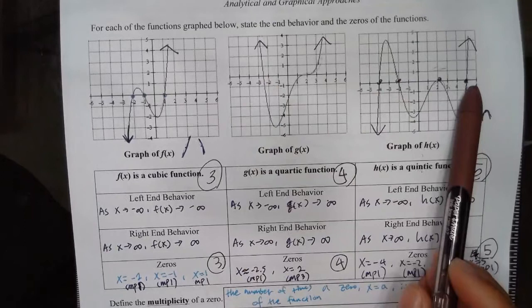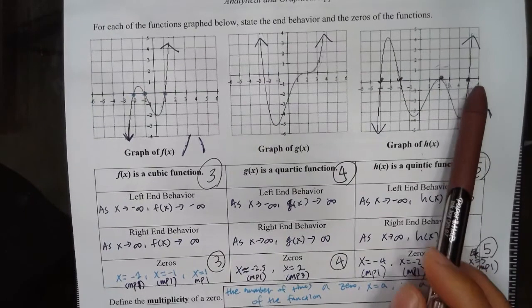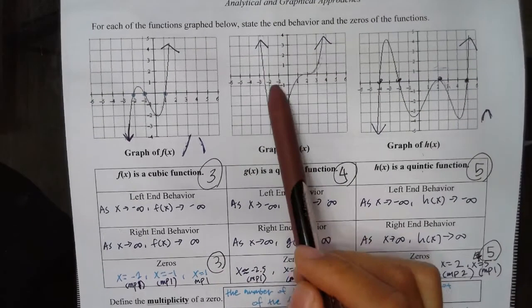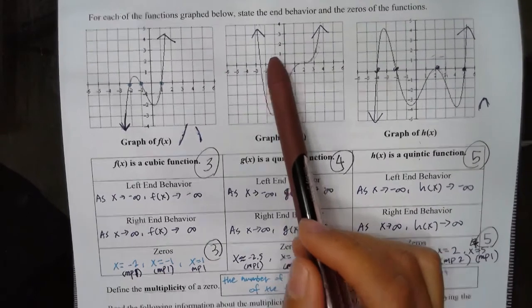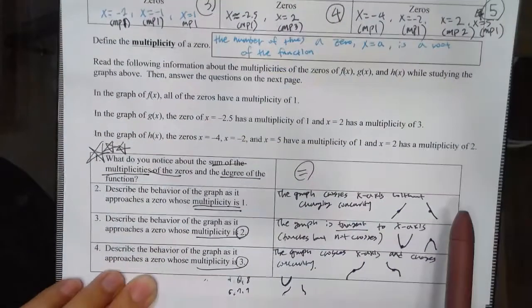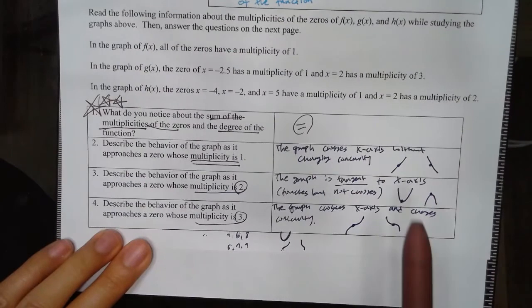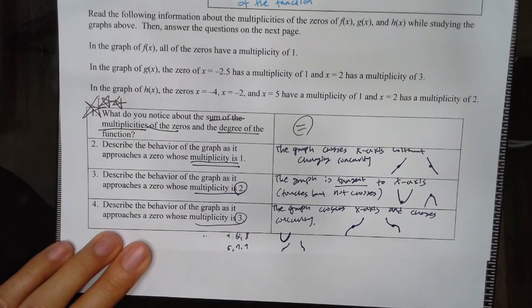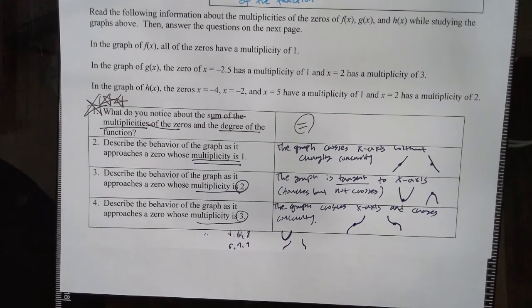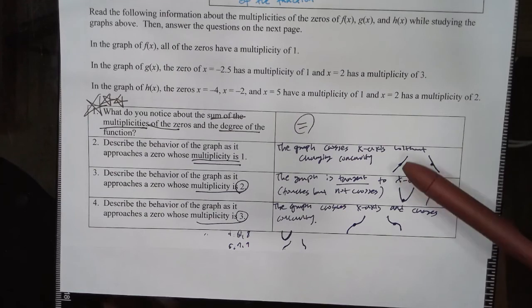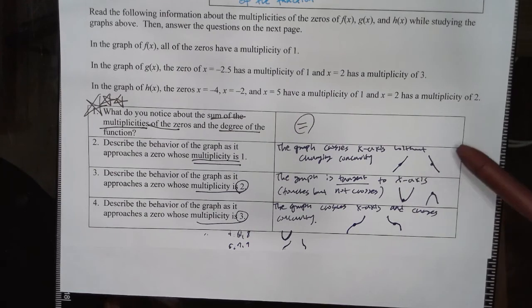And we're going to write that a little fancier: the graph crosses the x-axis without changing concavity. Let's write it down, at multiplicity 1. So 2 examples are possible: going up this way or going down through the zeros. The graph crosses the x-axis without changing concavity.